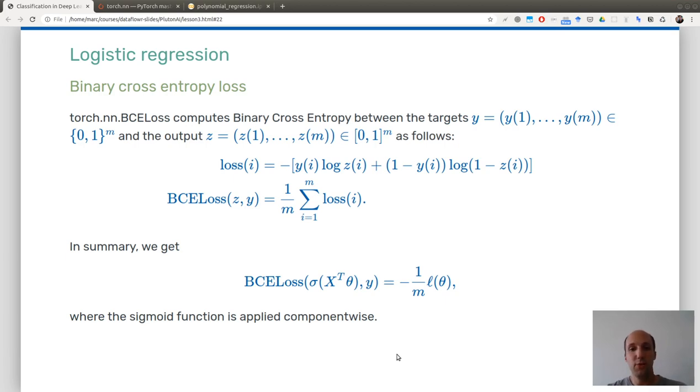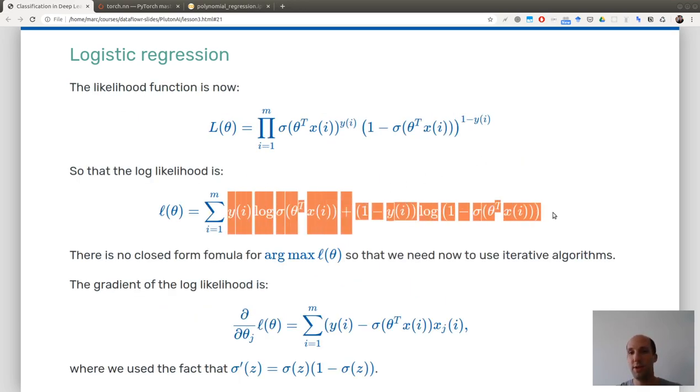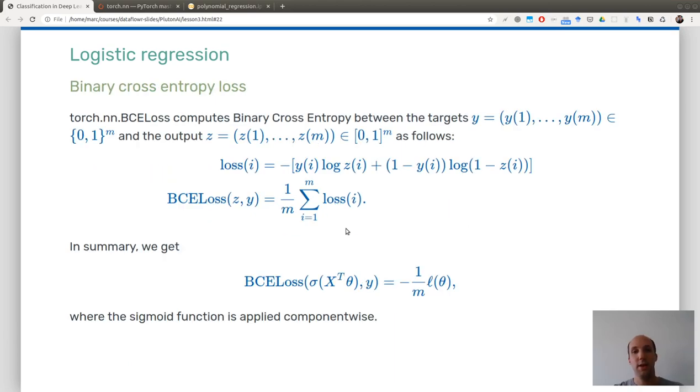Here I want to concentrate on losses. So how do you code this in PyTorch? There are basically two ways to do that. The first one is using the binary cross-entropy loss, which computes this quantity. Each loss l_i here is exactly one term here. You see that you want this z hat to be the sigmoid applied to your linear model.